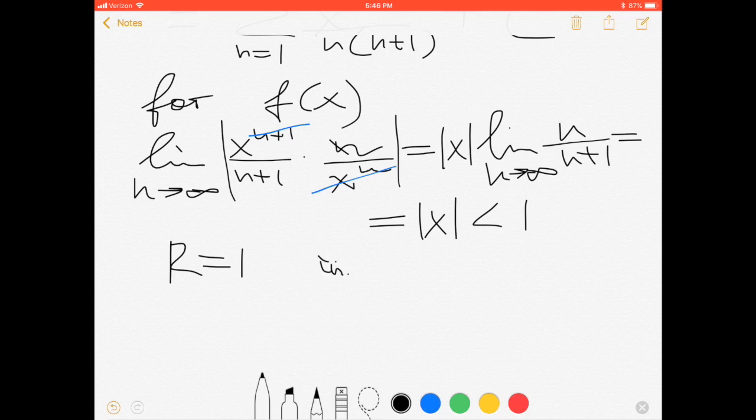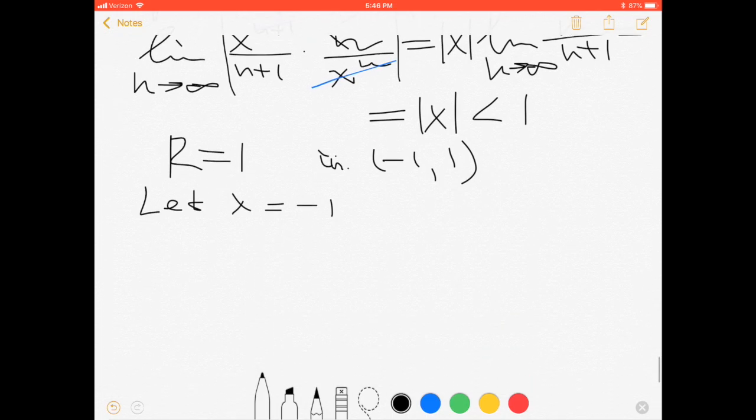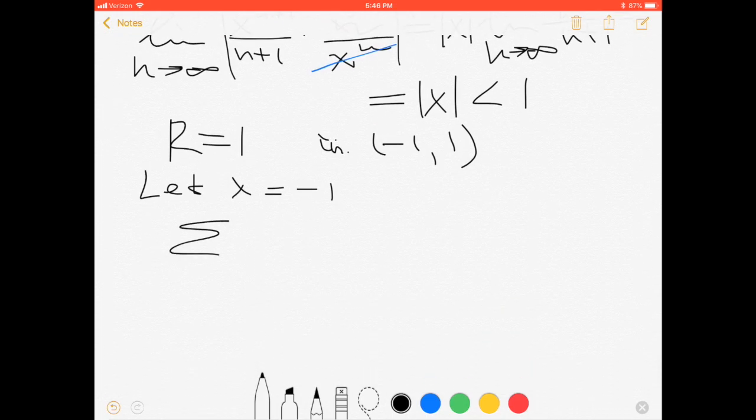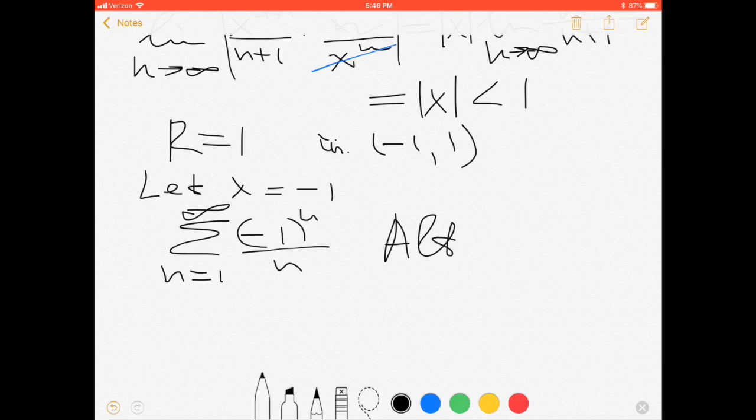The interval is possibly from -1 to 1, but the question is about the endpoints. Let's take x equal to -1. We have the series of (-1) to the power n over n, from 1 to infinity. This is the alternating harmonic series, and as you remember, it converges.